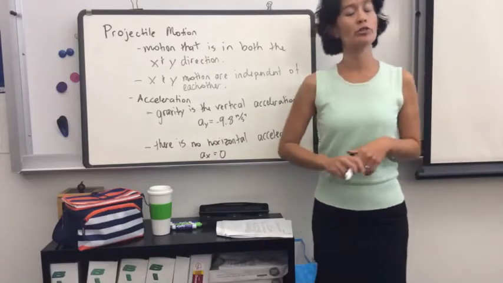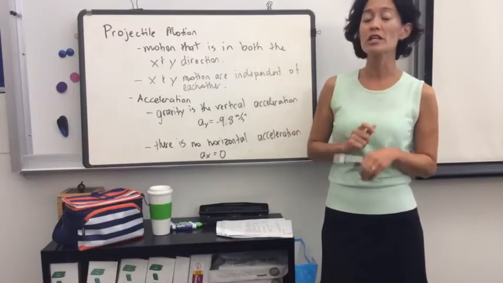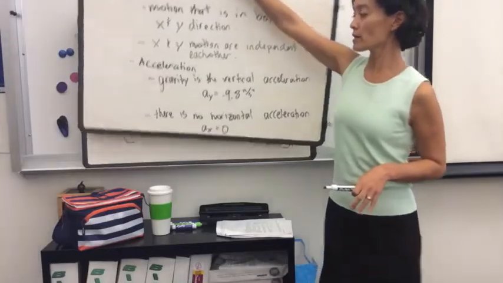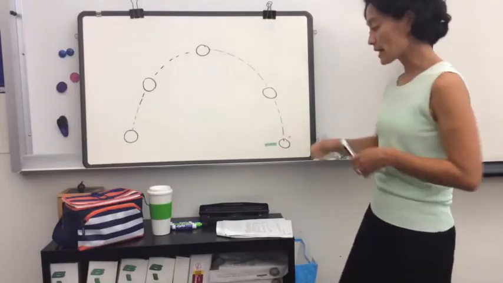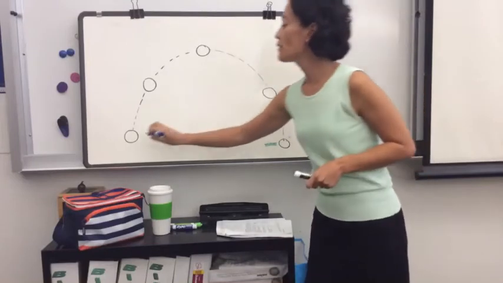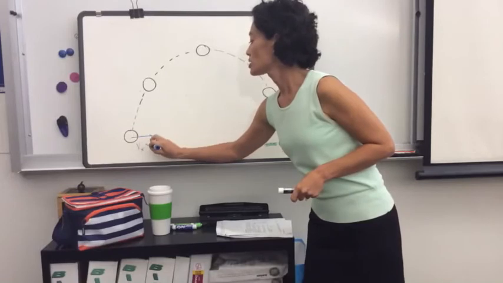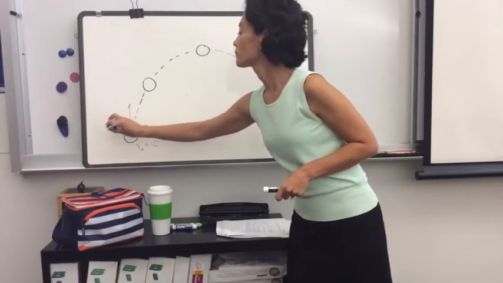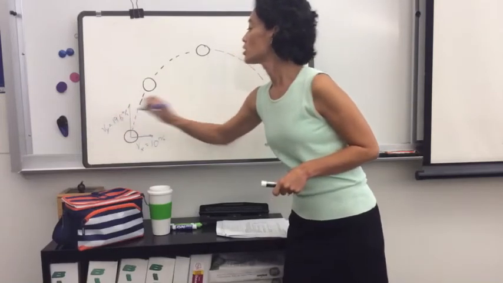So the only acceleration you have is a vertical acceleration, and from this statement here, we're saying that the vertical acceleration is going to only affect the vertical velocity. So kind of what that looks like in terms of how an object moves: let's say that I have a ball and I throw it up, and I conveniently throw it up such that it has an x velocity of, let's just say, 10 meters per second, and a y velocity of 19.6 meters per second.